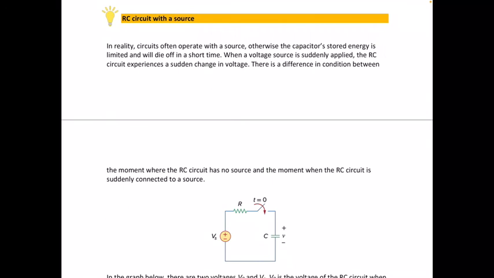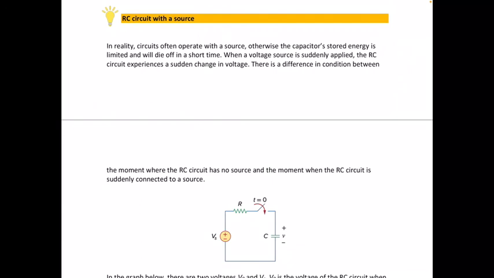So in our analysis of RC circuits with a source, we need to understand that there are two parts again. Two parts for our analysis: the part where the circuit responds naturally, and the part where the circuit responds under the influence of an external voltage source.